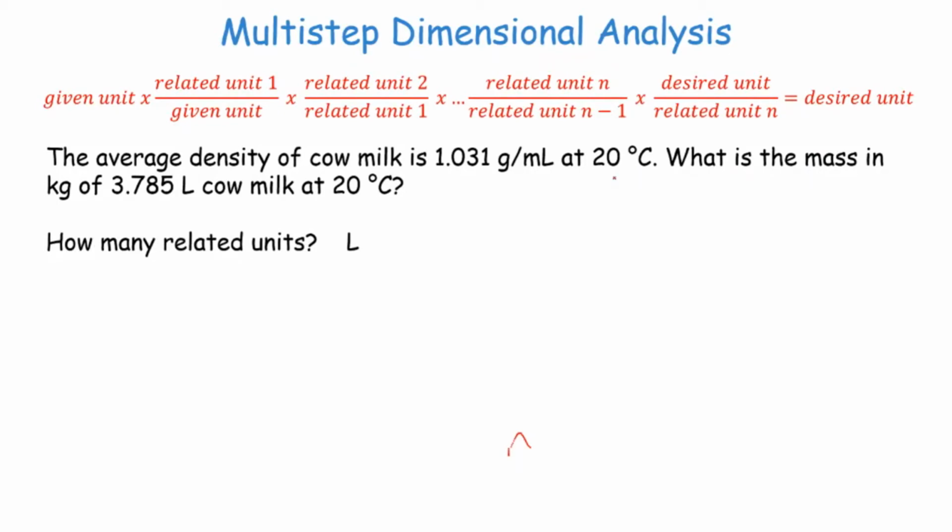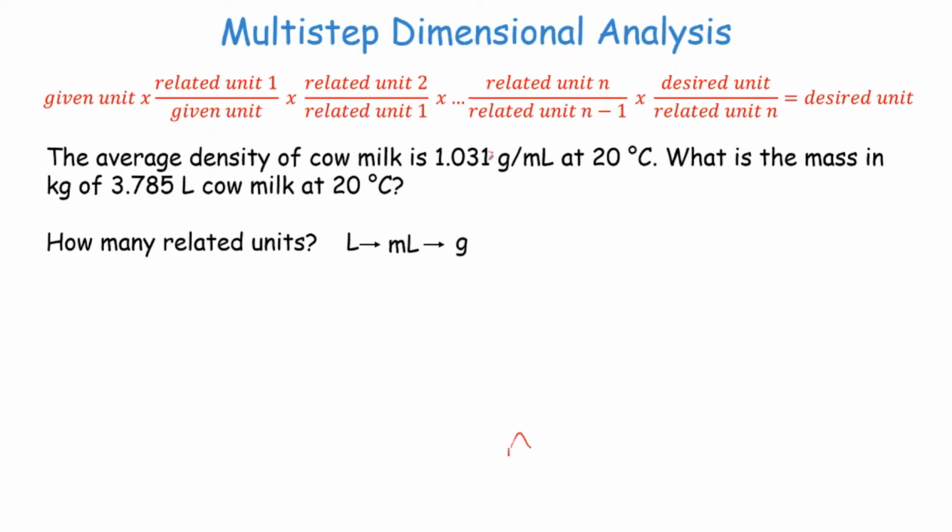First, we will find out what are the related units. What is the given unit? The given unit is liter. First, we need to convert from liter to milliliters because the density used the milliliter here. And then from this milliliter to the other unit in the density, grams.